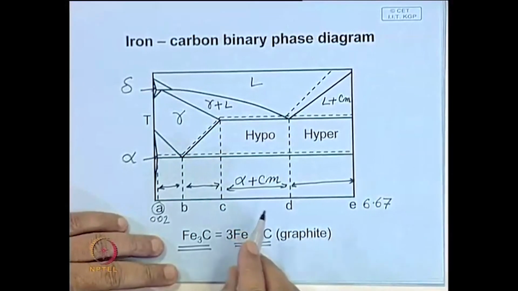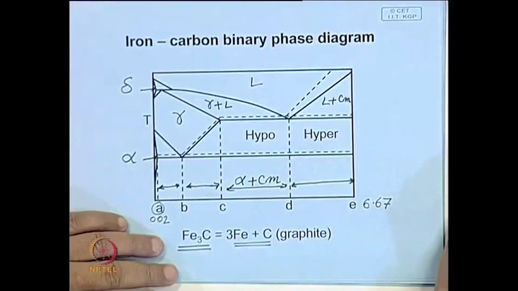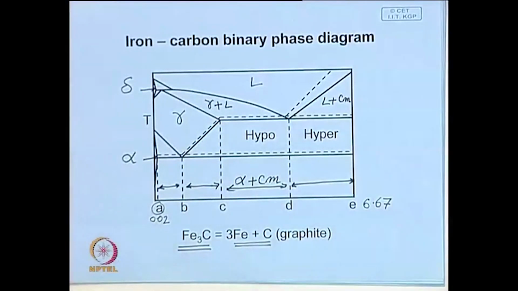In fact, in many materials, particularly steel used in power plants and petrochemical industries, where the steel is exposed to higher temperature during service, people have looked at the microstructures after 20-25 years of service and found that cementite has broken down into ferrite and graphite.